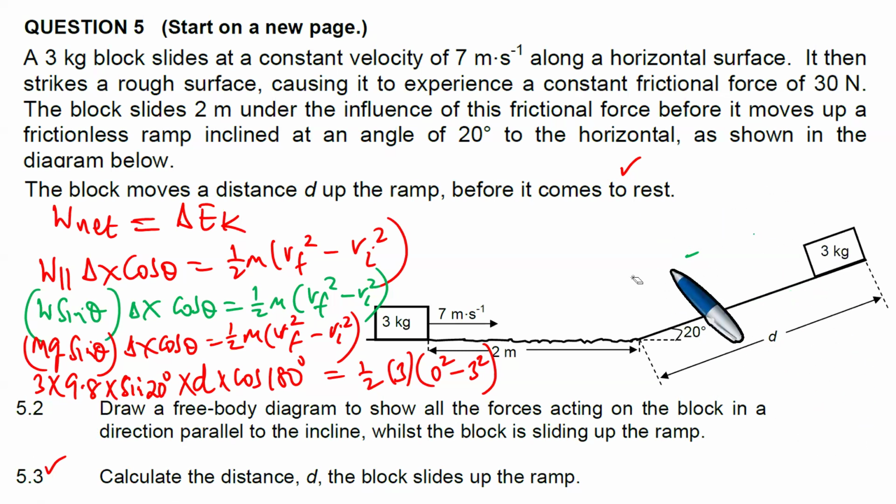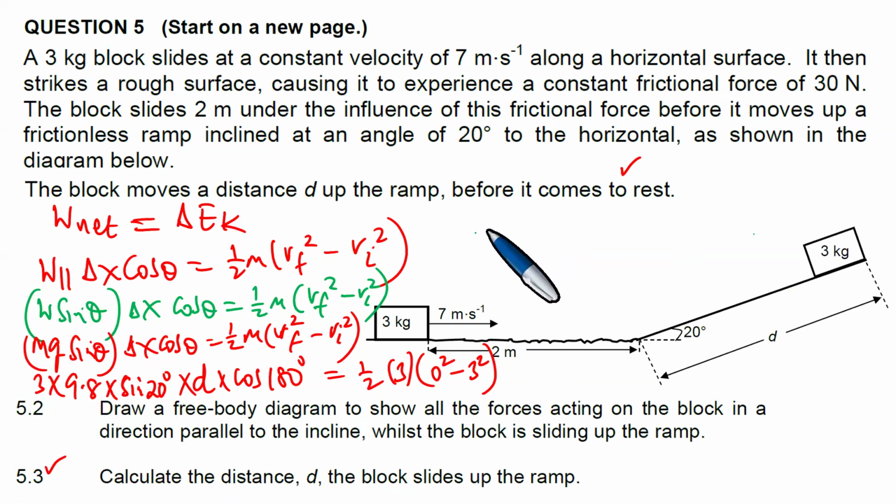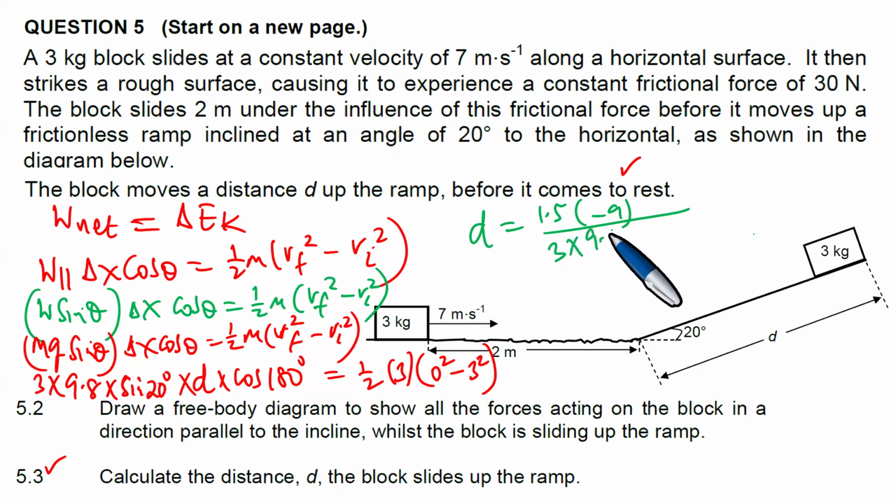We want to find the numerical value of d, and we find it here. d is equal to 1.5 minus 9, which is 3 squared, and then you divide everything by 3, times 9.8 times sine 20 degrees times cosine 180 degrees.